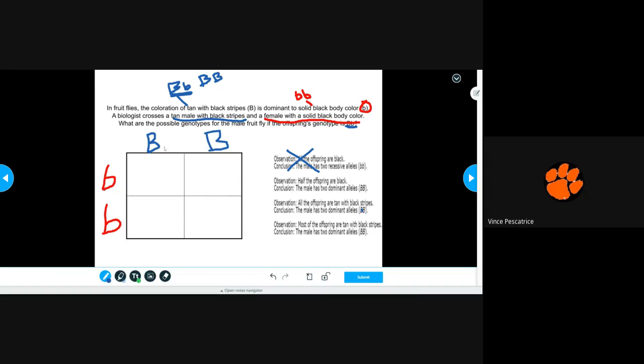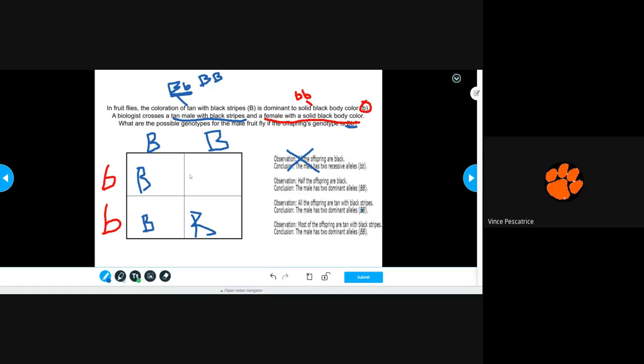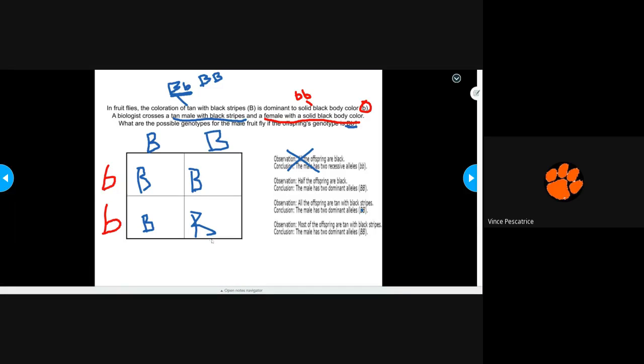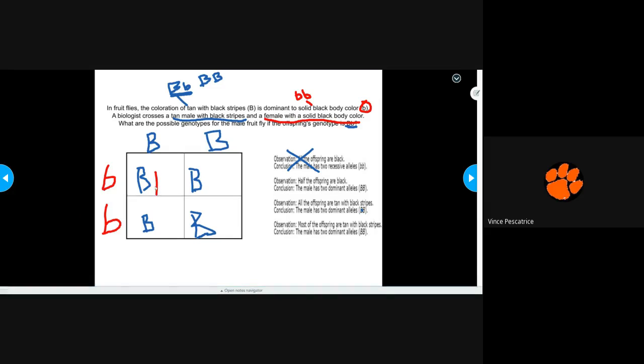So when we fill out this table now, that helps us fill out B here. It's going to give a B here, B here, and a B here. And then I can go back in and fill out the rest. From the female, it's going to give a recessive allele in each box.